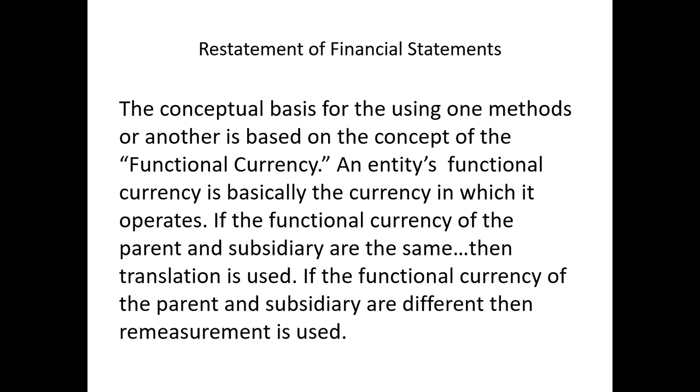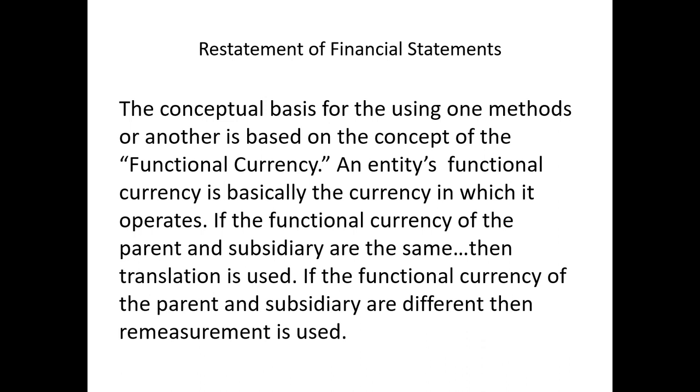The conceptual basis for using one method versus another is a concept called a functional currency. And this is something you should know, because my bet would be there's a good chance you may see a small question on this on the CPA exam. An entity's functional currency is basically the currency in which it operates.